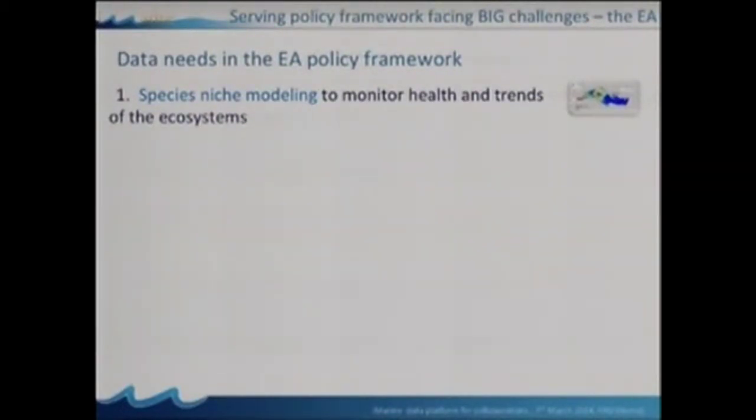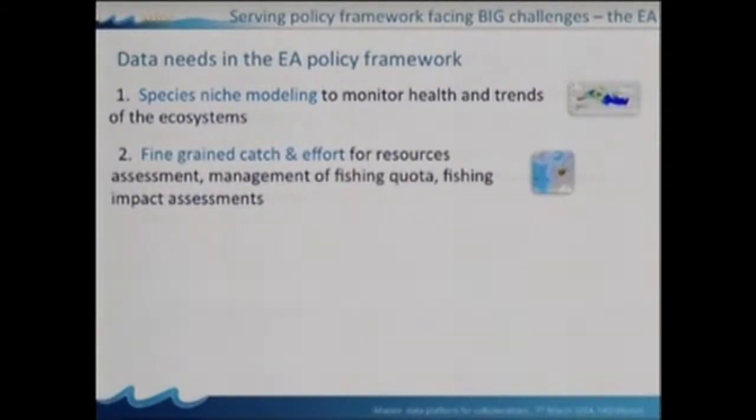The first is, if you want to monitor the health and trends of the ecosystems, you need to have species niche modeling capacities. If you want to assess resources, manage fishing quotas, assess fishing impacts, you have to go towards more and more fine-grained catch and effort and other biological data capacities.